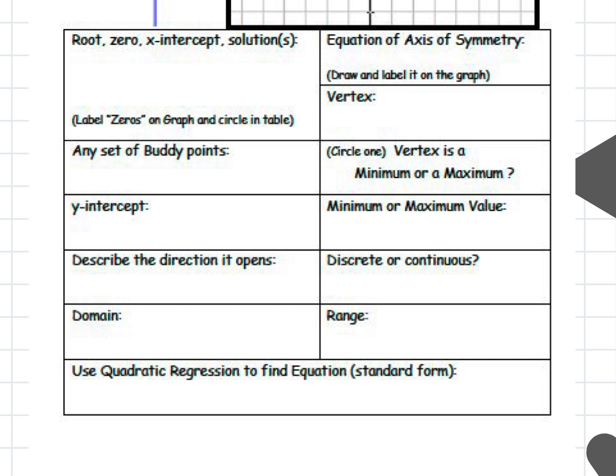If there are already buddy points, mins and max value, as well as what kind of vertex is it, the y-intercept, the opening. We're going to also talk about discrete and continuous domain and range. Most of our examples so far have been continuous. We'll talk about and review discrete, writing the domain and range, and then writing our equation in standard form.